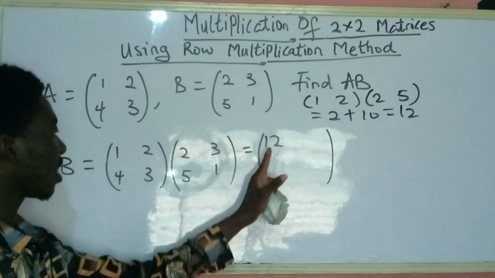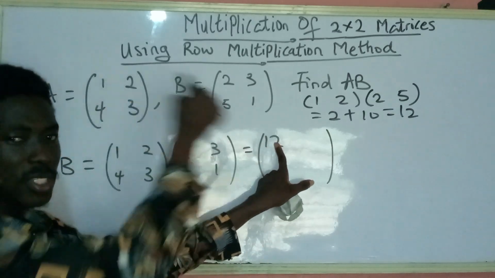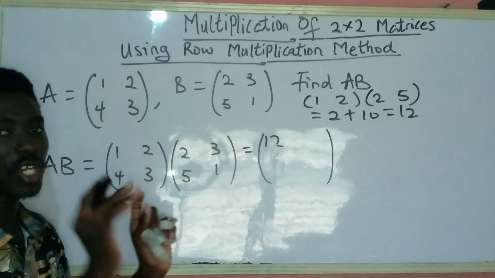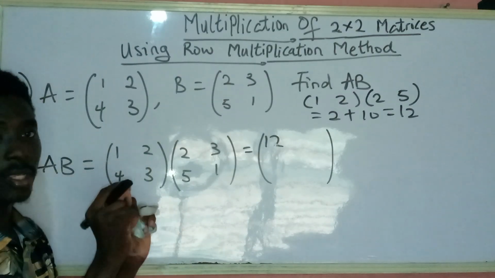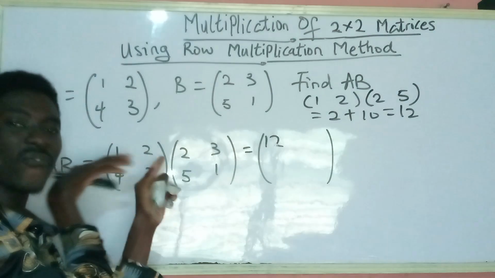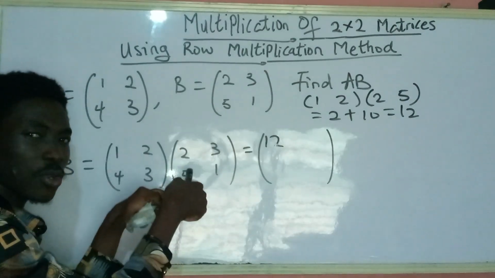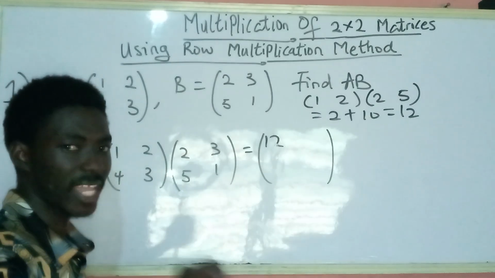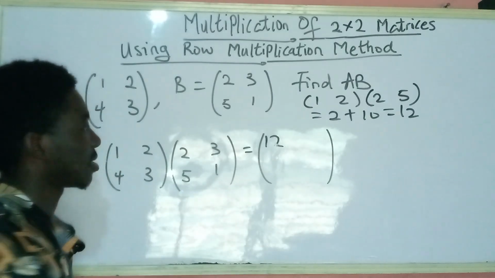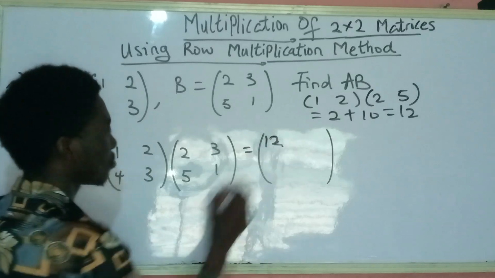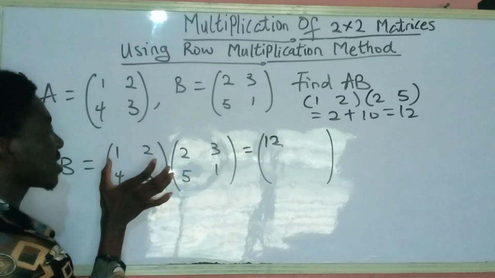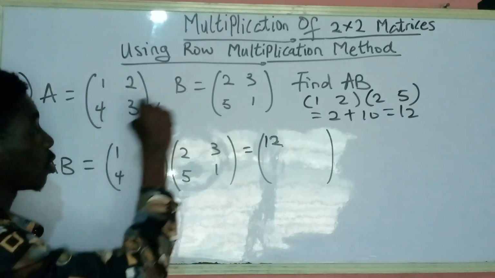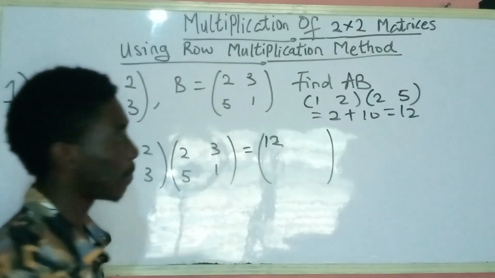That's how to get the value for this position. So each position works accordingly. You take the first row times the first column to get the first element. Next, that same row, this 1 and 2, multiplies the next column.